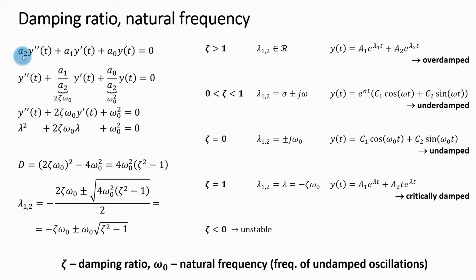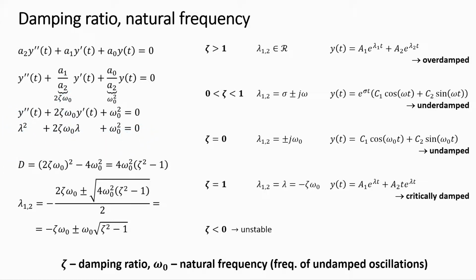You divide the equation by the coefficient a2 so that you get non-unity constants only in front of the first derivative and in front of the zero derivative. Now you denote this constant as omega naught squared, and you denote this constant as 2 times zeta times omega naught. Consequently, this is your characteristic equation.